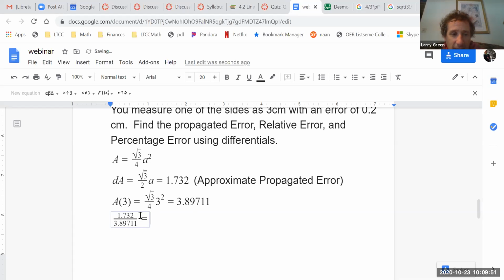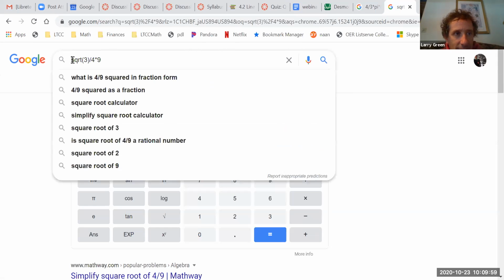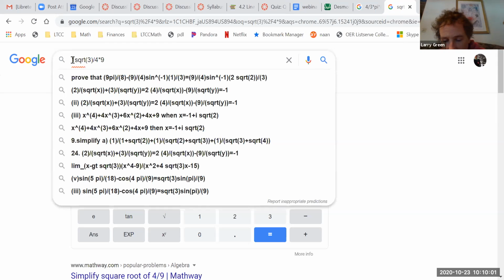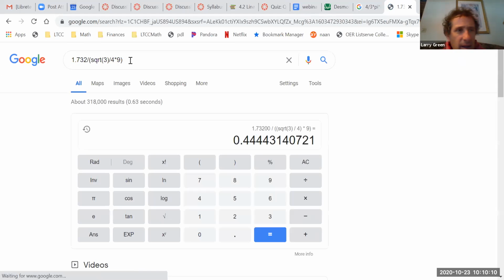And you probably want a calculator for that. So 1.732 divided by that guy. And you get 0.4444. Interesting, I'd go 3/4.